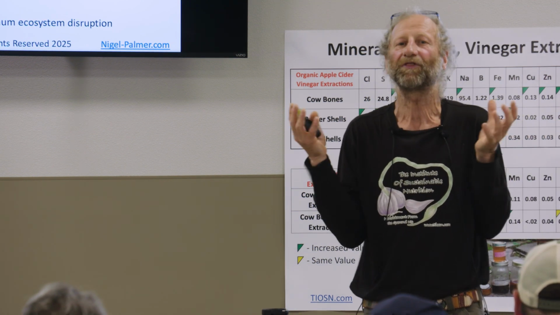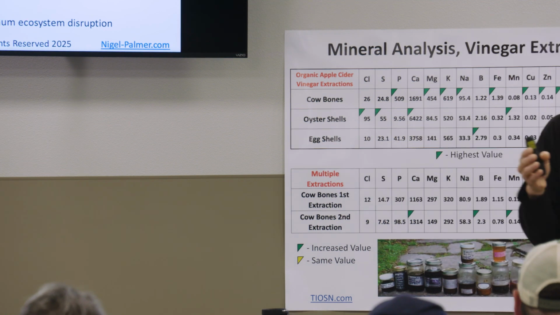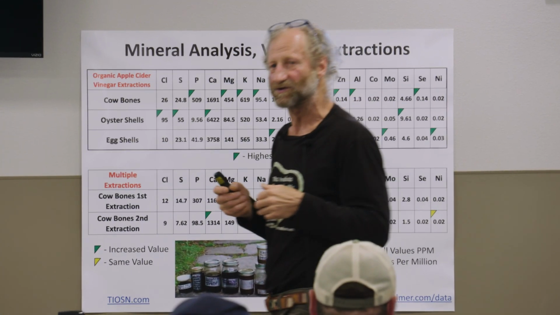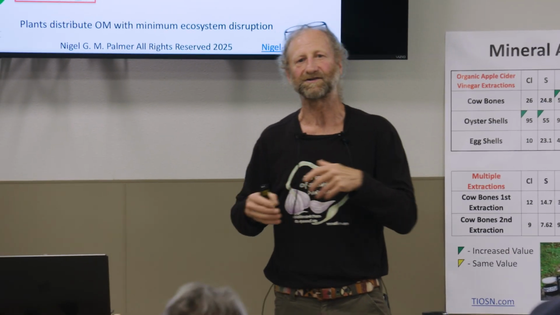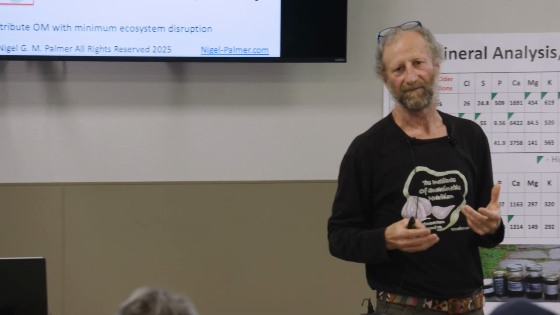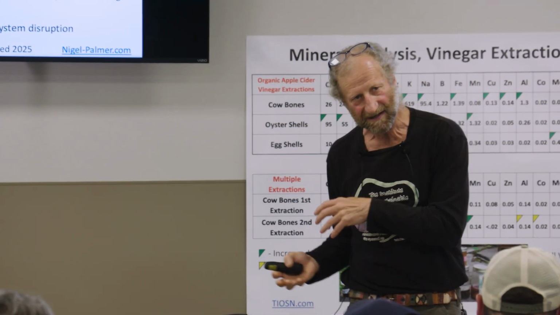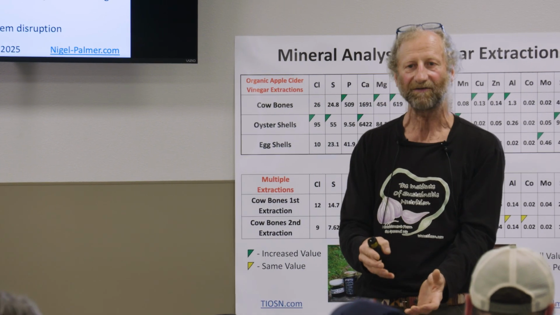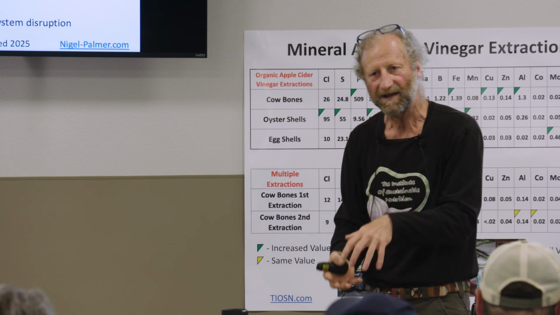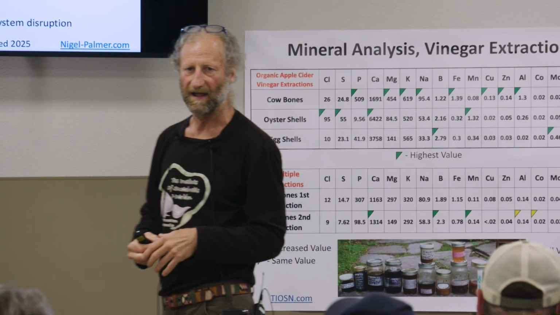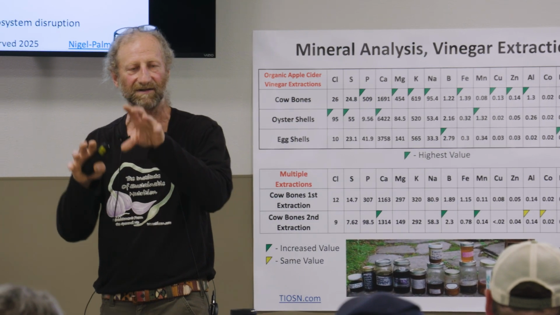There's nothing that drives things from A to B, like those gradients do. And so this whole idea of organic matter is extremely important in recognizing not only the need for a constant supply of organic matter, but the need for this gradient of organic matter. And this constant breaking down.